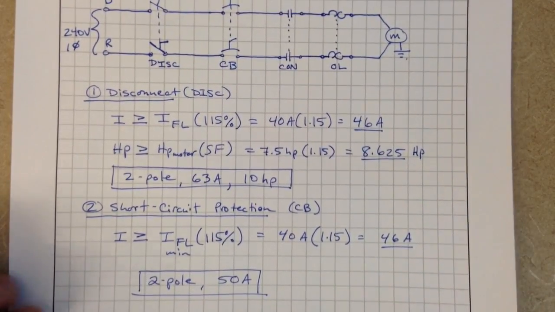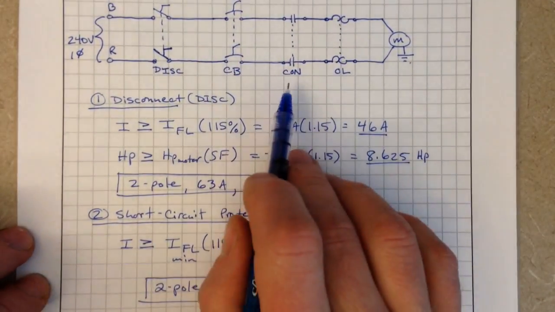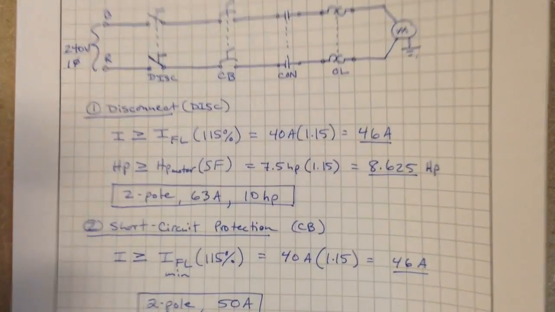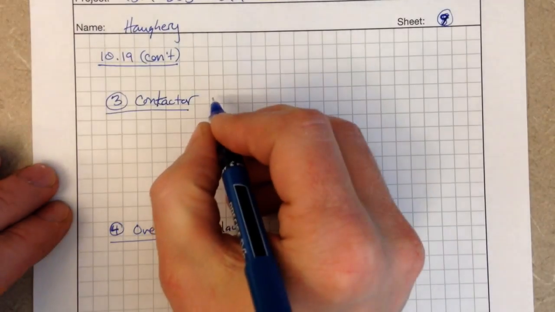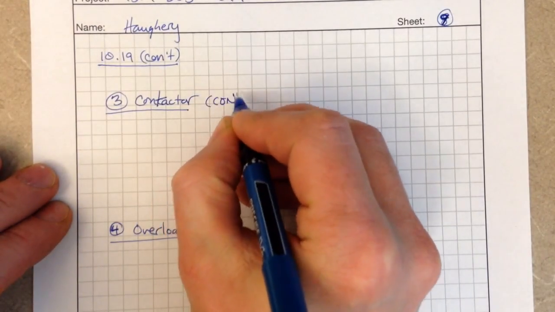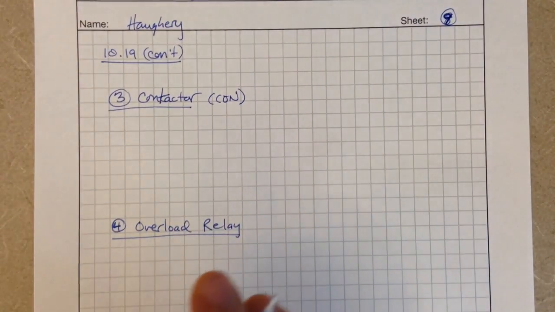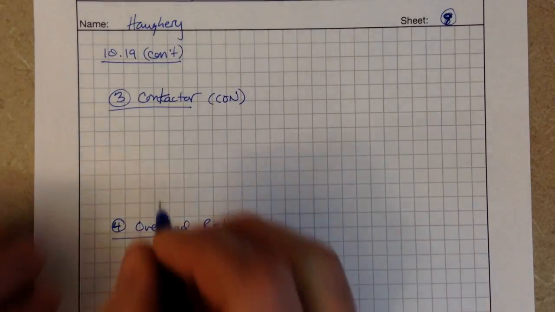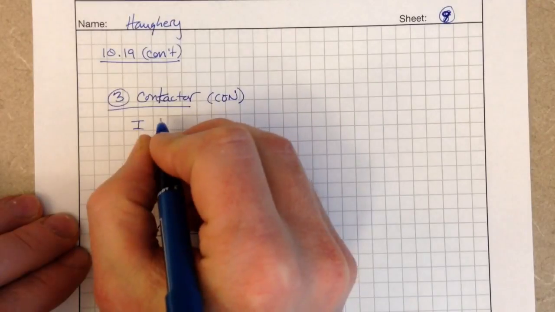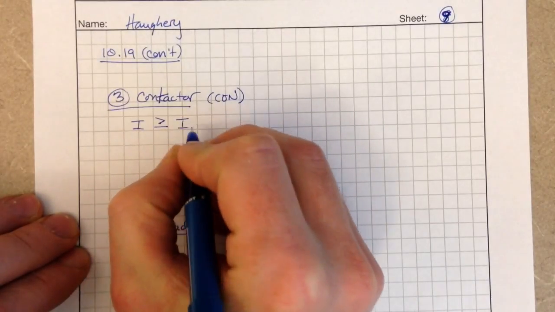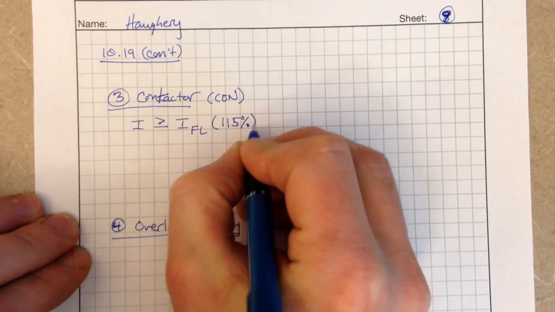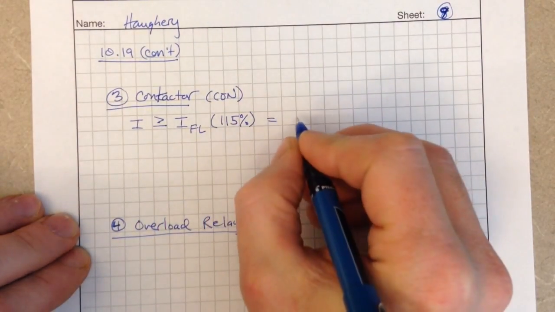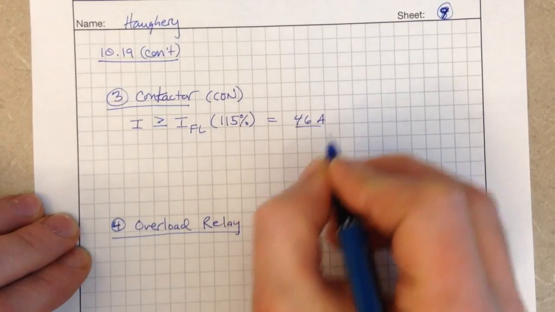And now we're going to turn to our contactor. It's the third element in the circuit. That's our CON. And for contactors, we need a current rating greater than or equal to, again, the full load current times 115%. So that's going to be our 46 amps.